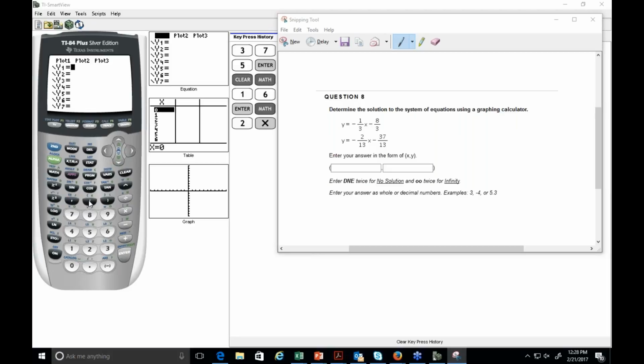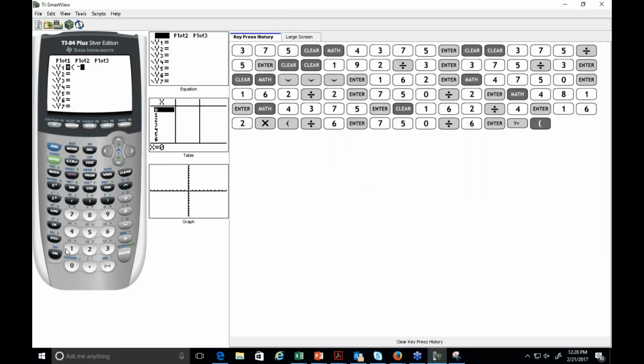So I'm going to say parentheses negative 1 divided by 3, close parentheses, x. Then minus parentheses 8 divided by 3, close parentheses. Now first let's just see how I would graph this one. So I'm going to say graph.